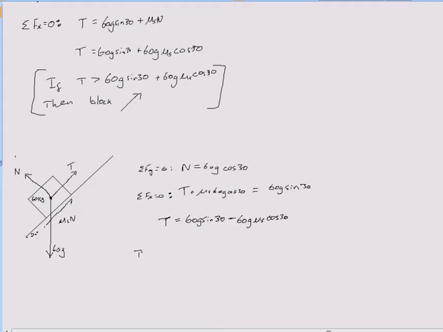So if T is any less than 60g sine 30 minus 60g mu s cos 30, that means the block will be sliding downhill, right?